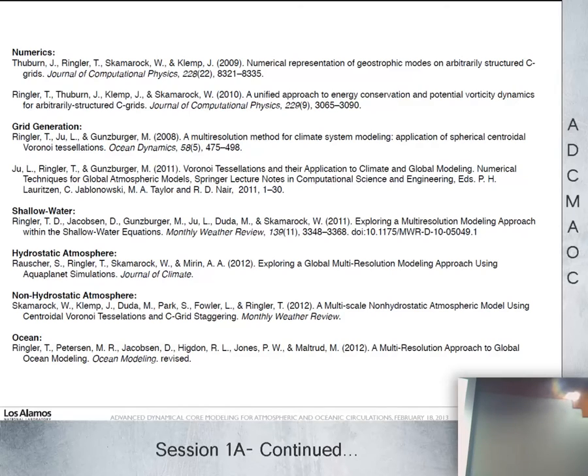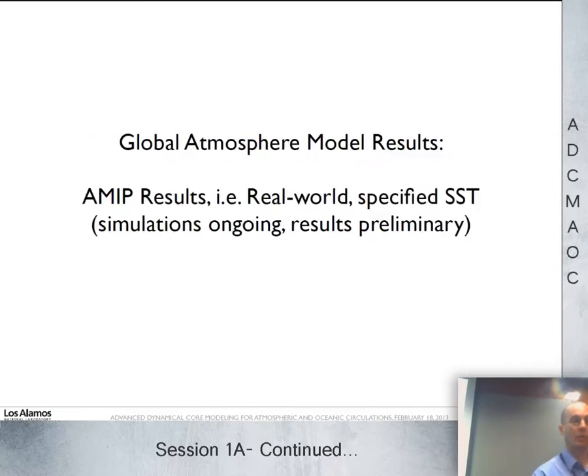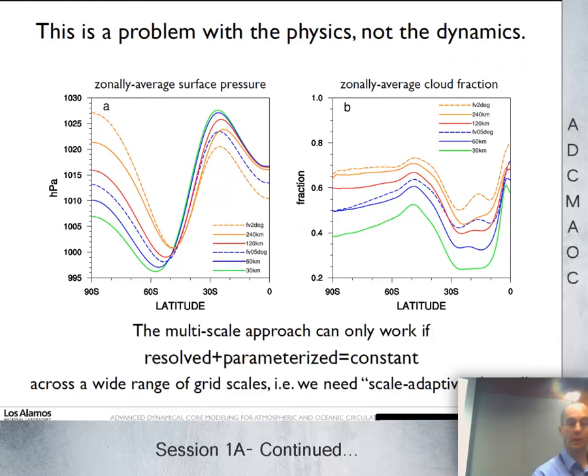What you want is, for the multi-scale approach to work, you want resolved plus parameterized to be a constant. That's a minimum, and you would hope this constant is also correct. But what we're getting here is that resolved plus parameterized is not a constant. It's changing with resolution.